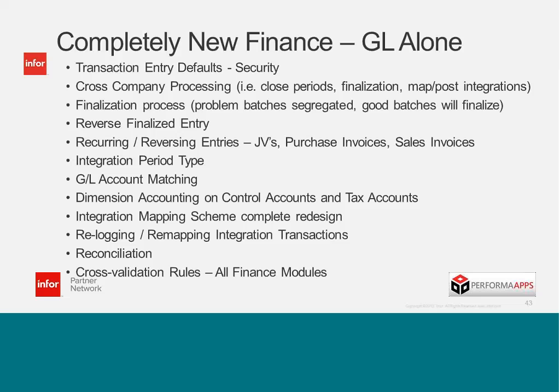The recurring reversing entries: in Baan 5, you had the option to create recurring entries, and it's a static thing where you set the entry up and you finalize it, and then you put instructions out to do it each month. But the problem with it was that you couldn't change those entries. So a lot of those entries would change from month to month, and you'd have to go ahead and set up new ones for subsequent months.